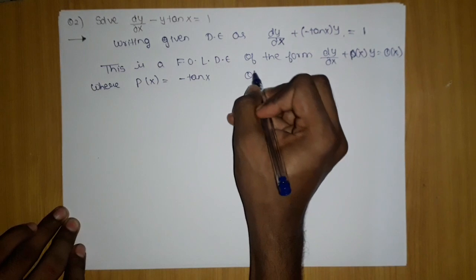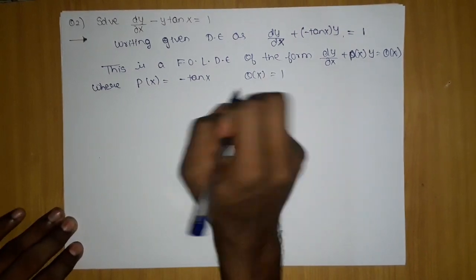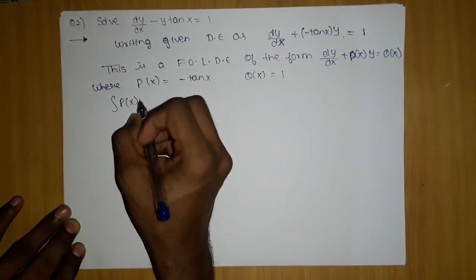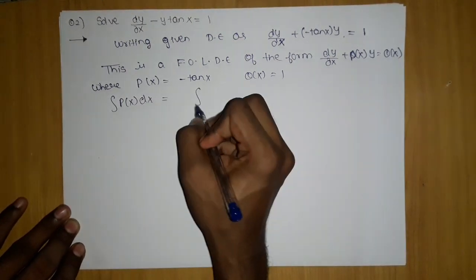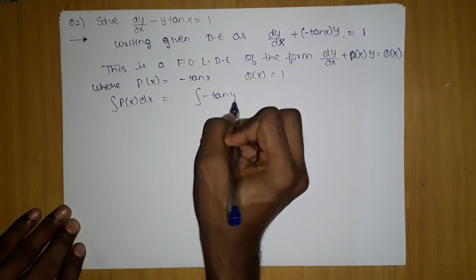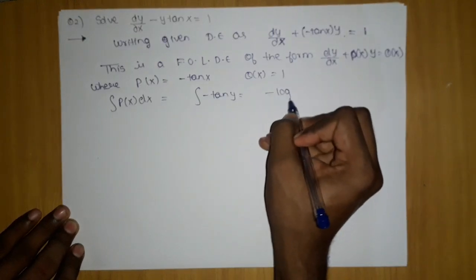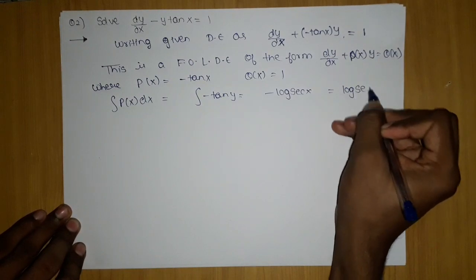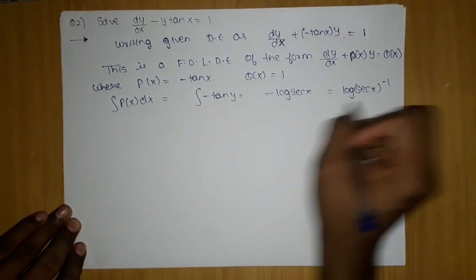What is q of x? 1. After identifying this, you have to get integral p of x dx. If you integrate minus tan x, you will come to know it is minus log sec x. You can move this power up, which is log sec x to the power minus 1.